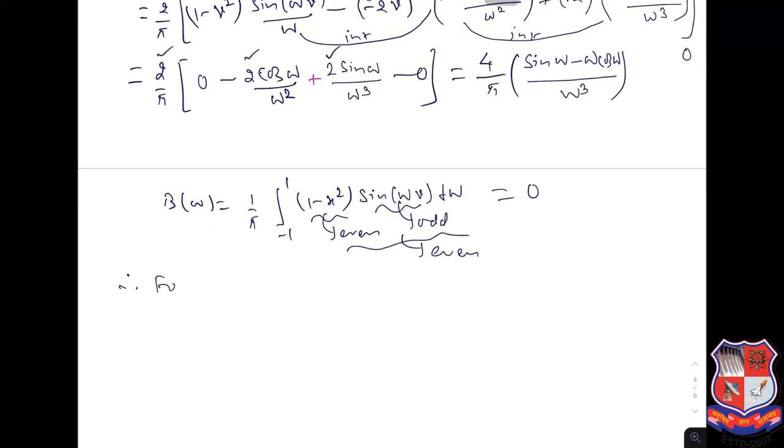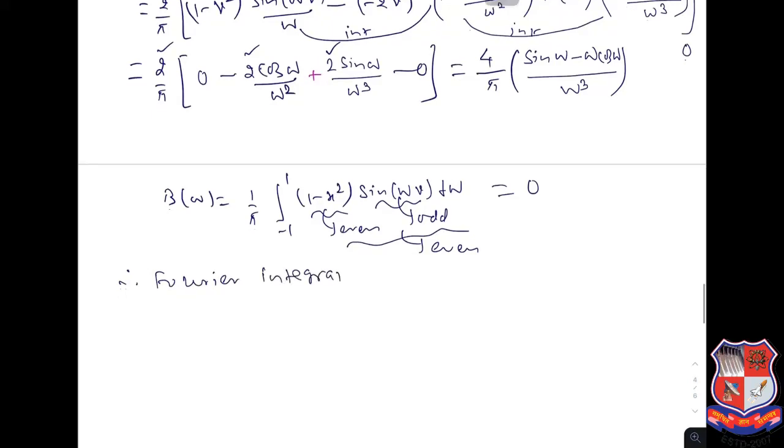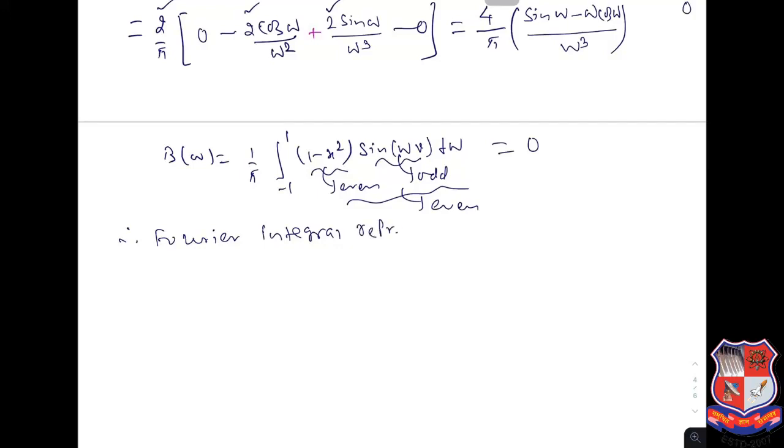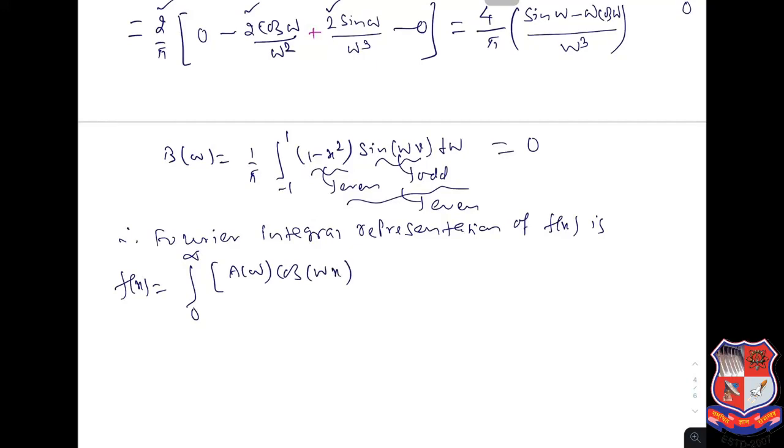So therefore the Fourier integral representation of the given function f(x) is f(x) equal to integration 0 to infinity A(omega) cosine omega x plus B(omega) sine omega x d omega.